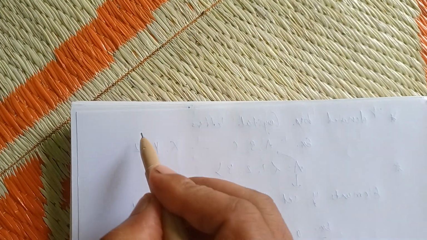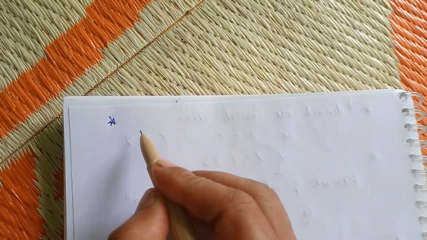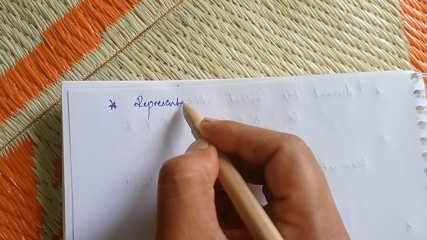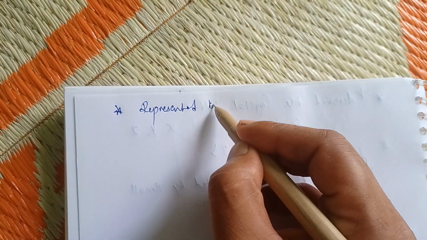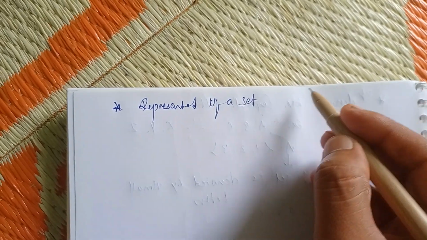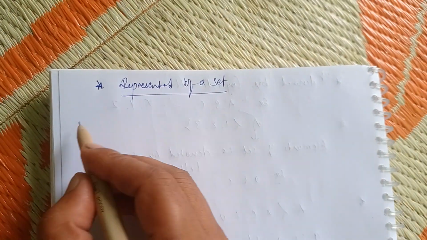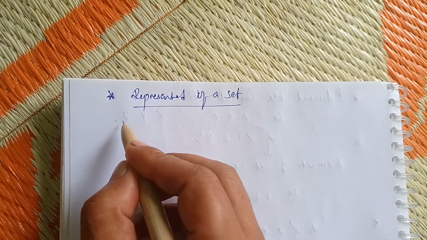Next we will go for representations of a set. There are two types of representing a set.